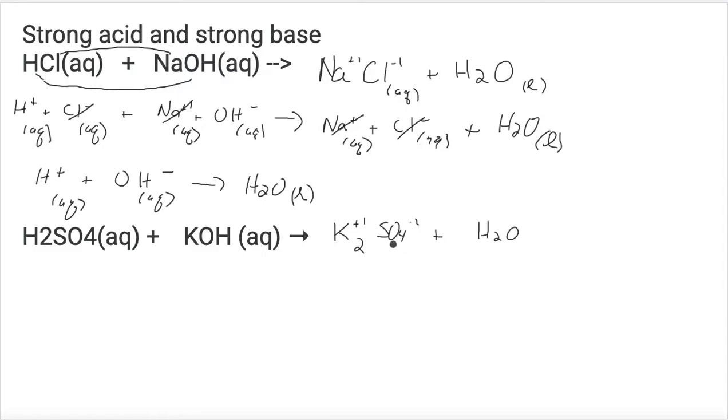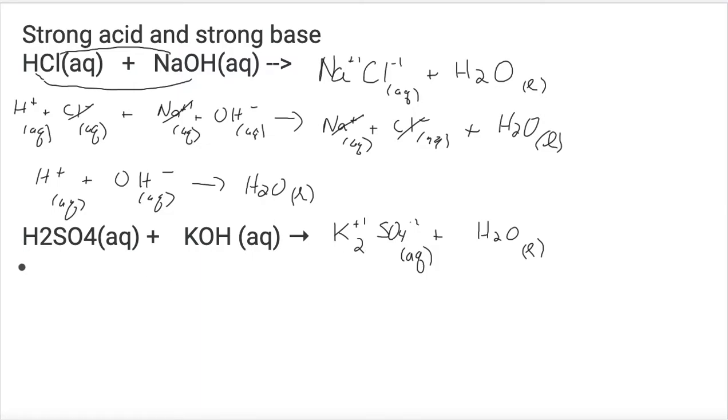Now you'll want to use your ion chart and look up K2SO4 to figure out if it's a solid or AQ. If you look that up, you would see that K2SO4 is AQ. Once in a while, you have to be careful because some of those turn out to be a precipitate and make a solid, so always check that. And then water is a liquid.